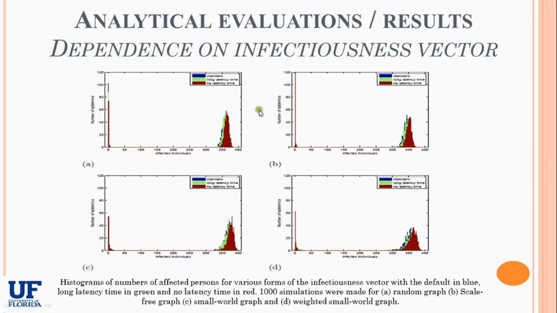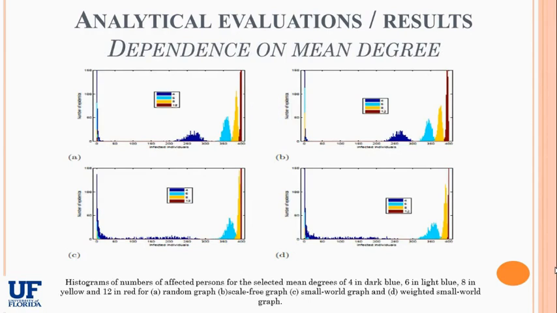You can see from these graphs that the infectiousness vector tends to be very steep and falls immediately, as shown in the random vector. If you compare that to the small world weighted edges, that's shown right here. This again just verifies the point of epidemic spread across all the various networks as discussed.